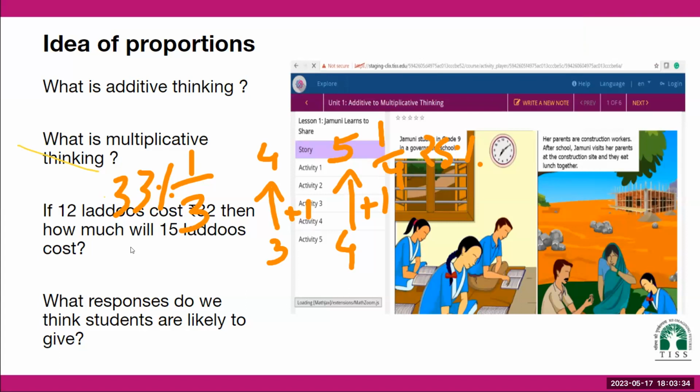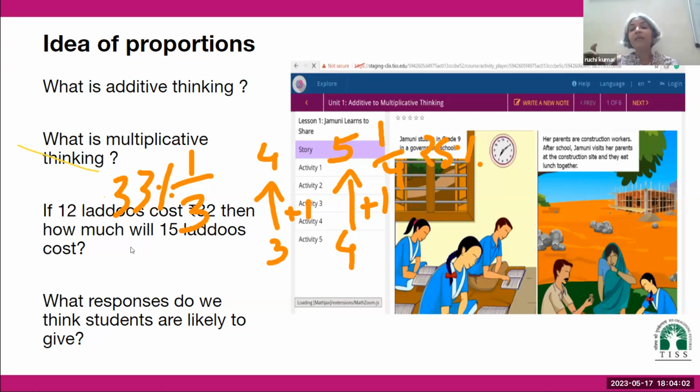It is this relative change which cannot be expressed in the form of addition, so it is multiplicative thinking. We are able to teach students multiplication as repeated addition at primary level. But when they come to middle school and secondary level, there are many concepts that require multiplicative thinking and cannot be expressed through repeated addition.